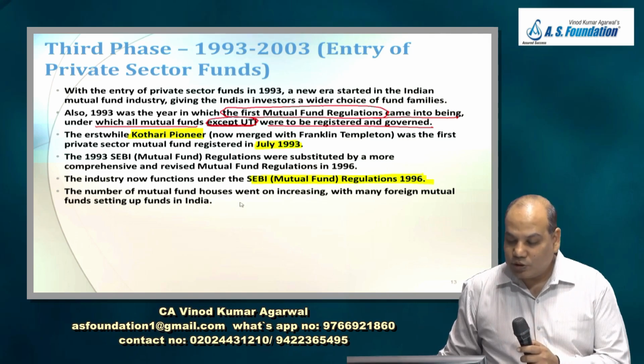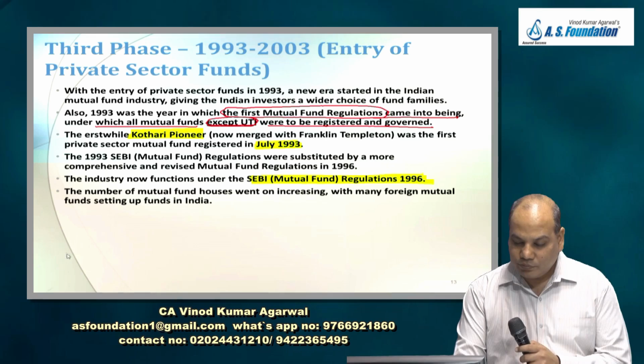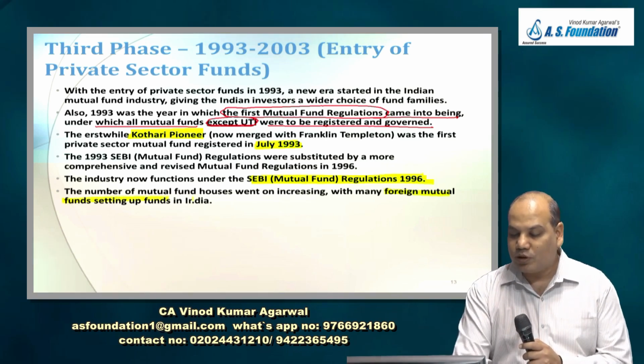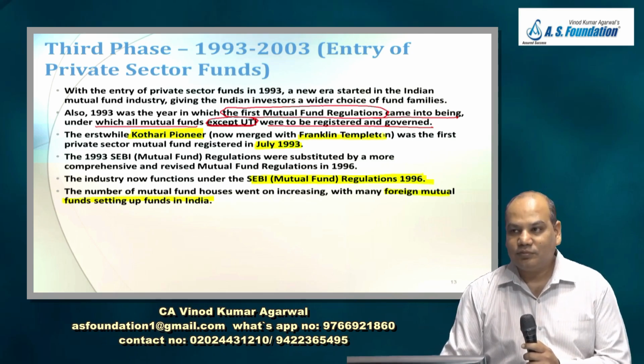The number of mutual fund houses went on increasing with many foreign mutual funds setting up funds in India. So during this period, one more major event took place. Foreign mutual funds like Franklin Templeton, Fidelity, DSP BlackRock, they started.